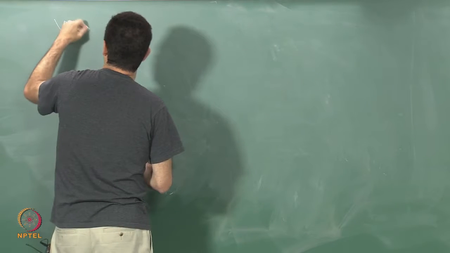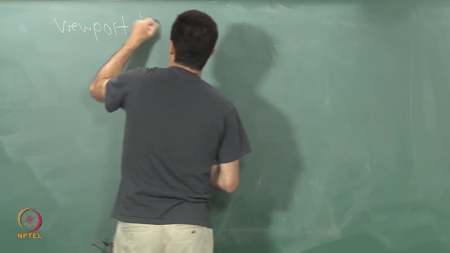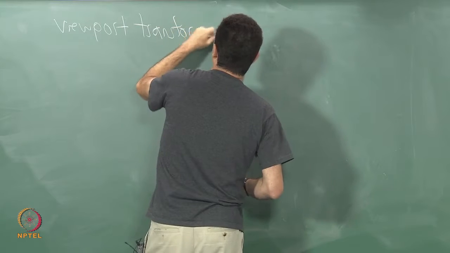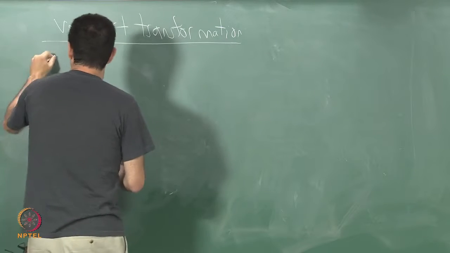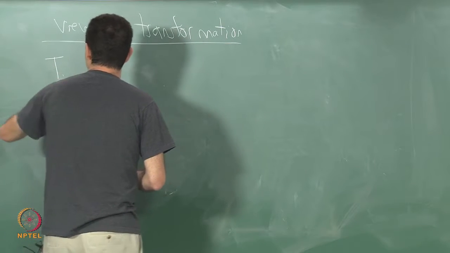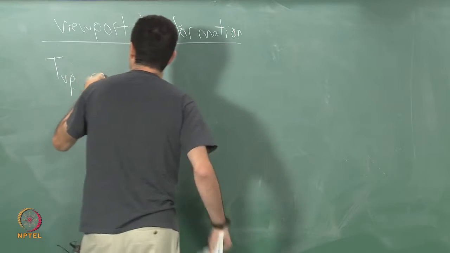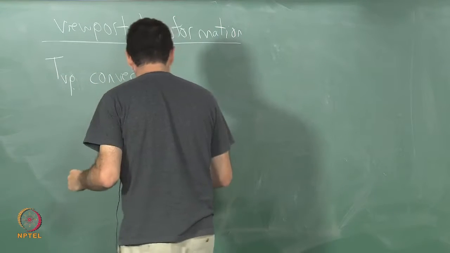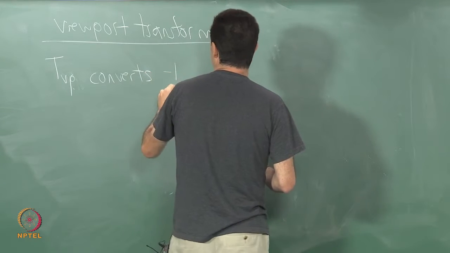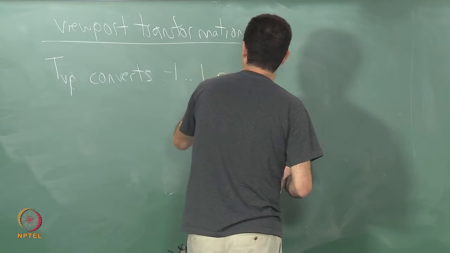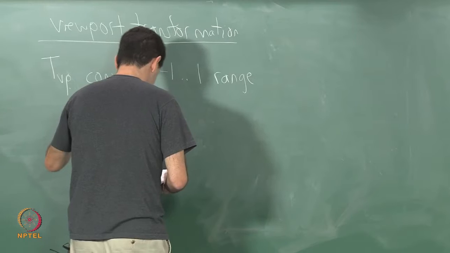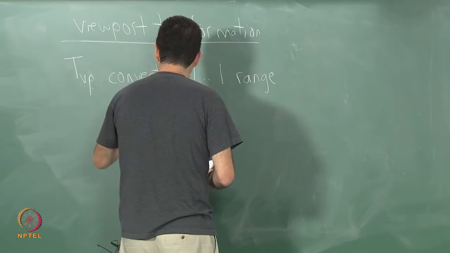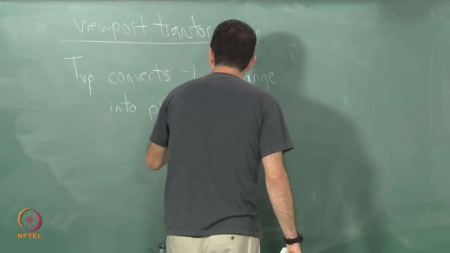So remember that the viewport transform, T_VP, converts the -1 to 1 range into pixel coordinates.